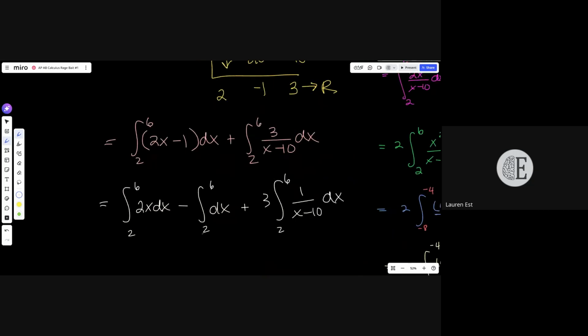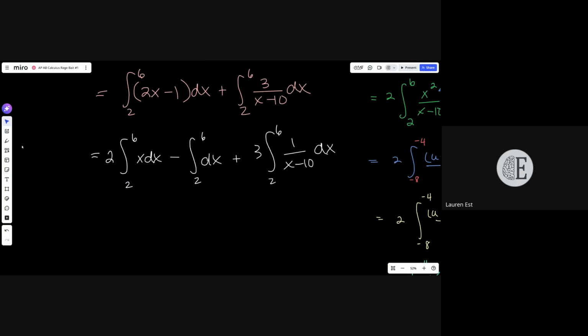Cool. And I'm actually going to pull out this coefficient. Sorry. So then, I'm going to just change the color here. So if I integrate, this is going to be 2 1/2 x squared from 2 to 6.